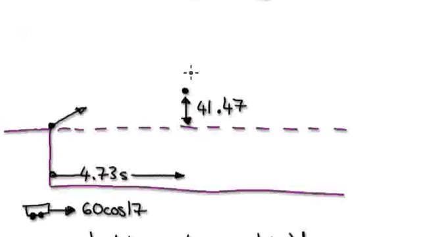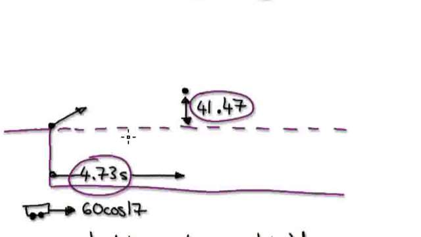So what we know so far is that the actual maximum height to the horizontal is this bit here. So that's this height here, and the time it takes to get to the maximum height is given by this in seconds. We want to know the actual distance here.